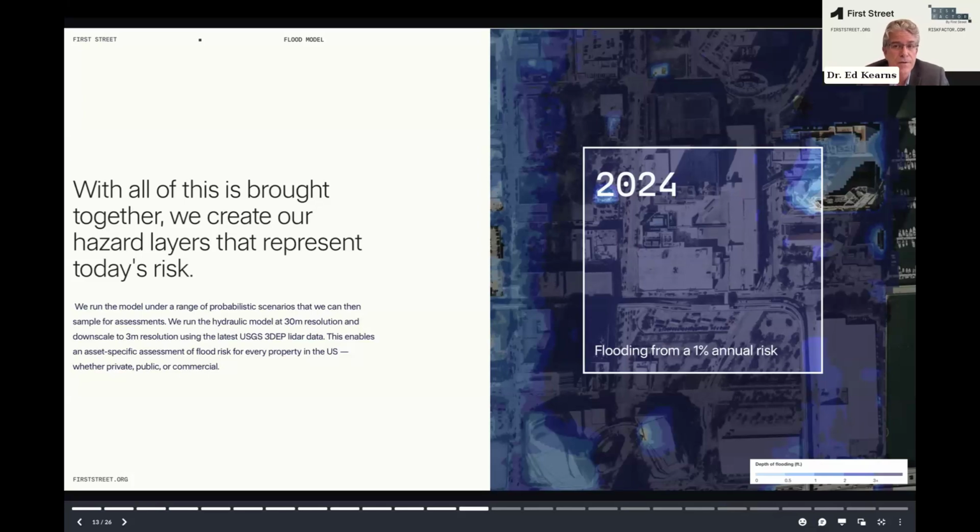For the individual homeowner or individual business owner, they also need to know what is the risk now and how that's going to be changing over time, because you might want to insure yourself against that kind of risk. If you're a business or homeowner, make sure you have enough insurance, that you understand how things are changing over time, because these can be very hard to discern from some federal sources.